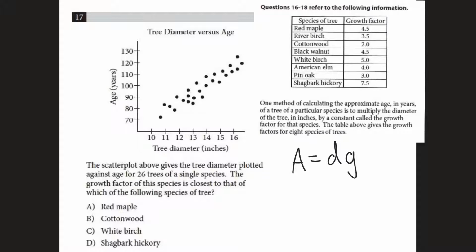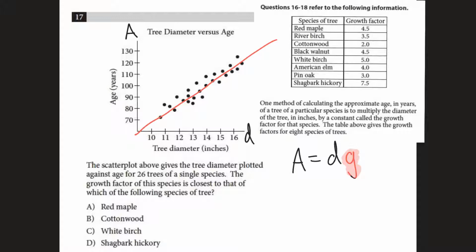The diameter is going to be our input variable, that's D, and the age is going to be our output, A, and the rate of change in this case must be the growth factor. So we're trying to figure out the growth factor, the rate of change for this relationship here. Okay, so what is the approximate slope of this line?